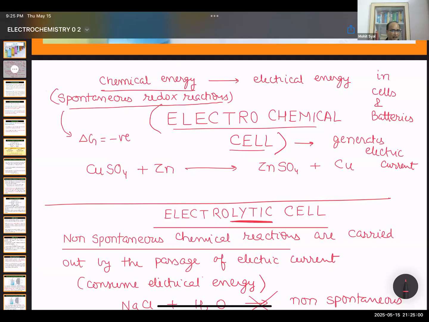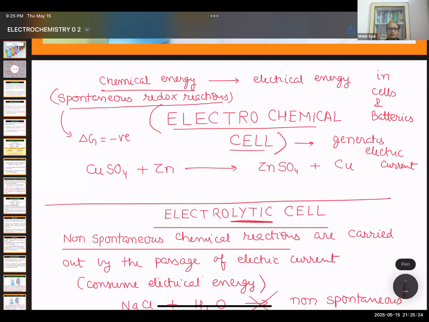Chemical reactions are happening, and not every chemical reaction can be used. Only those which have a tendency to proceed on their own, and there is a word for it: spontaneous. Spontaneous doesn't mean that something happens instantly. No. Spontaneous means something which can occur on its own once initiated.